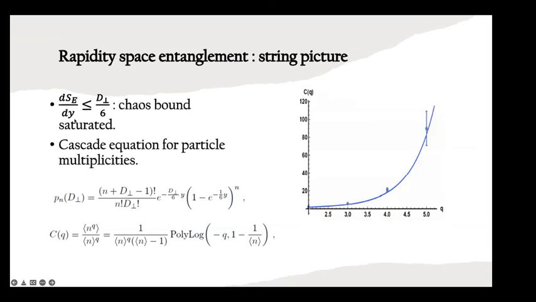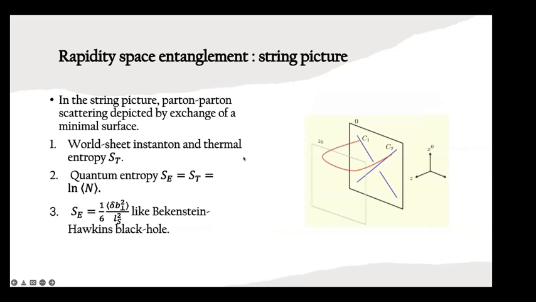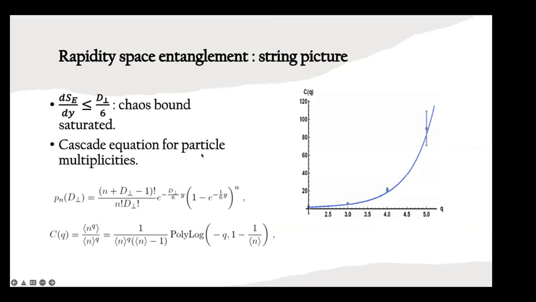And for this, by diagonalizing this reduced density matrix, we can find the so-called cascade equations for particle multiplicities, and we can actually obtain these normalized Q moments, which can be compared to some data obtained in the LHC experiment, which looks good. Of course, this is similar, but not exactly the same as the one-dimensional reductions. But from this string picture, the qualitative features of the 1D reduction are in agreement, and they do not actually have the saturation yet, since here there are no interactions.